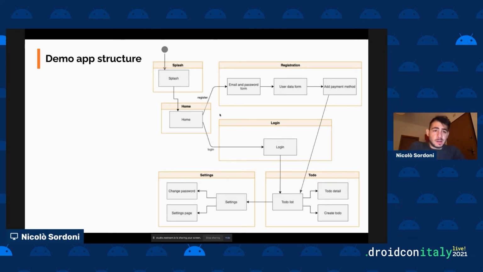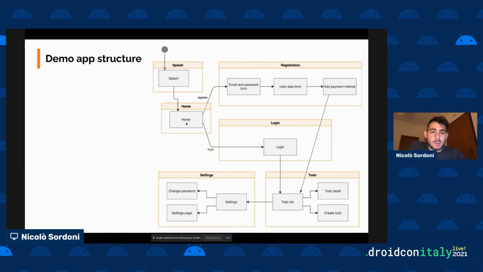That's the demo app structure. It's not Charge Car because it's very complex, but I extracted from this project a list of pages that are more significant from a navigation point of view. So we have a splash screen that loads home after a few seconds.